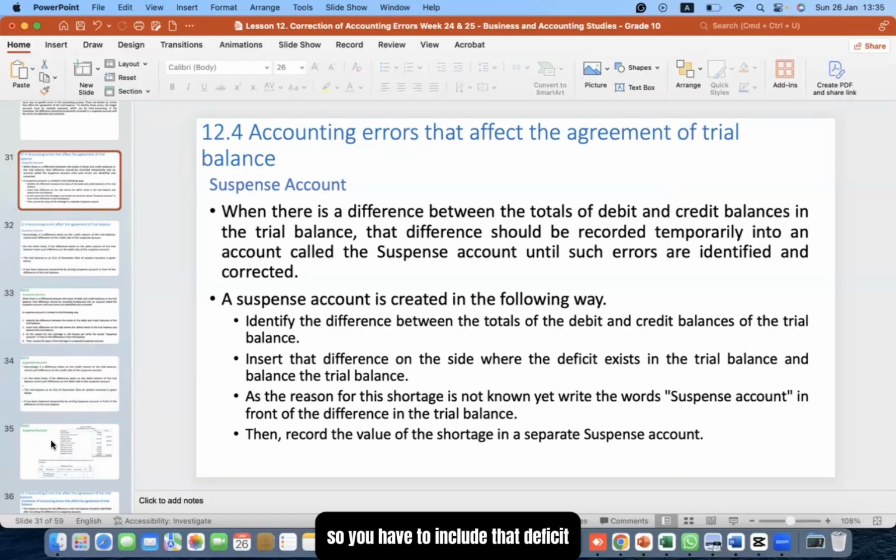So you have to include that deficit in the respective side of the trial balance. And then, as the reason for this shortage is not known, we write the words suspense account. We don't know the reason for this difference, so we mention a suspense account in front of the difference in the trial balance. And then we record that shortage in a separate suspense account.